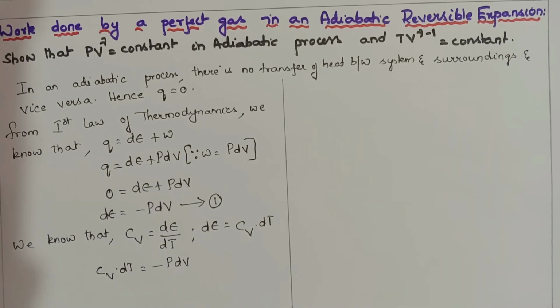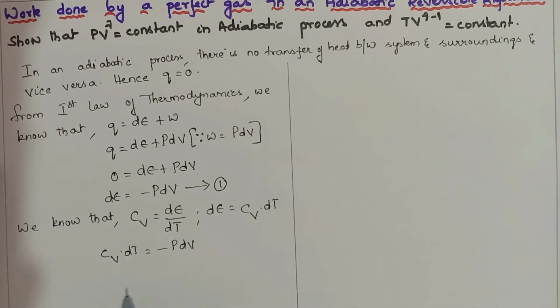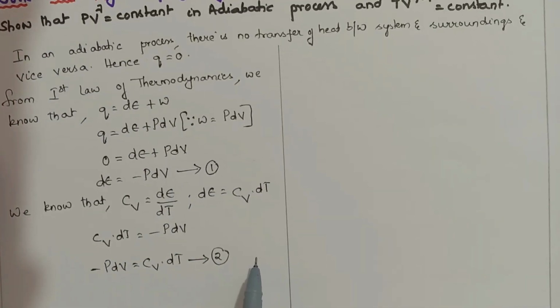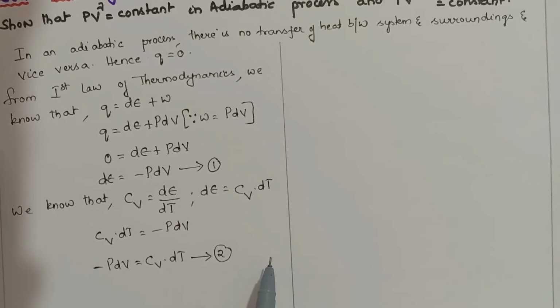Just write down like this, students. Minus PdV is equal to CV into dt. So now give this an equation number 2. Fine. Clear? I just have brought this to left side, brought this to right side. That's it. I did not do any great derivation or great mathematics.